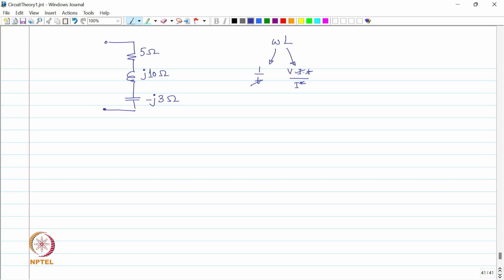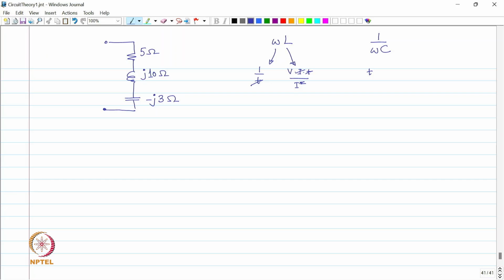Fine. What about 1 by omega C? Omega is 1 by seconds. So, this becomes time, and Q is equal to C V, right. Charge is current times time.